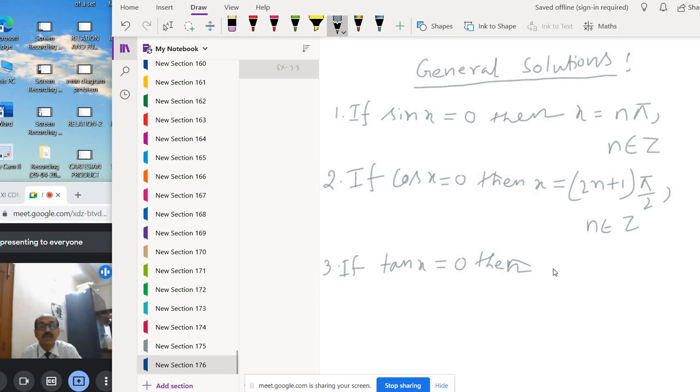So then x equal to n pi. So sin x equal to n pi, cos x equal to (2n plus 1) into pi by 2, and tan x equal to 0, then x equal to n pi, where n belongs to Z.